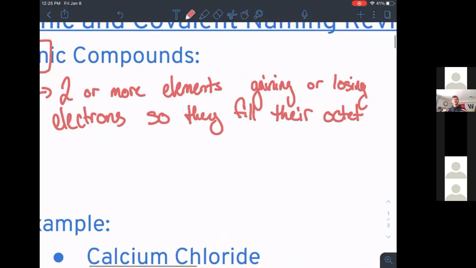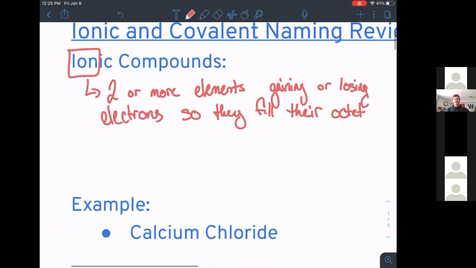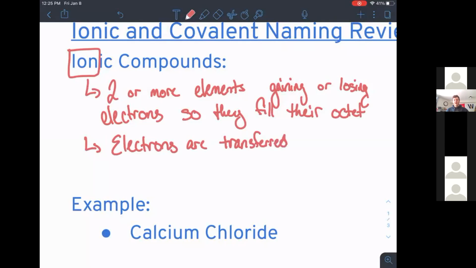So that's kind of generalizing what an ionic compound is when we have two or more elements that gain or lose electrons. The electrons are being transferred in this case, so that they have a full octet, which just means they each have 8 valence electrons.